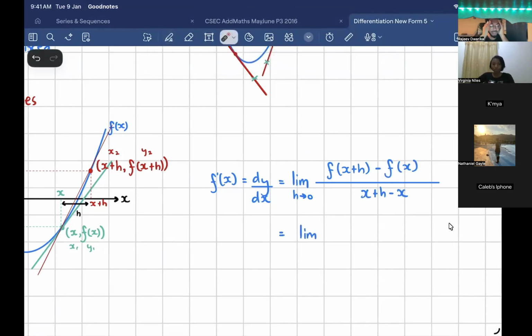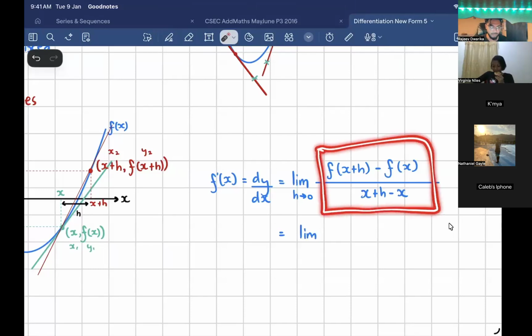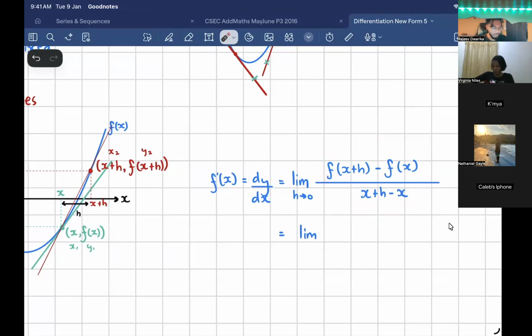We have to understand this crystal clear. Caleb, is this the actual gradient? It's approximate. But if I make the distance between the two points smaller and smaller, does it get more accurate or less accurate?